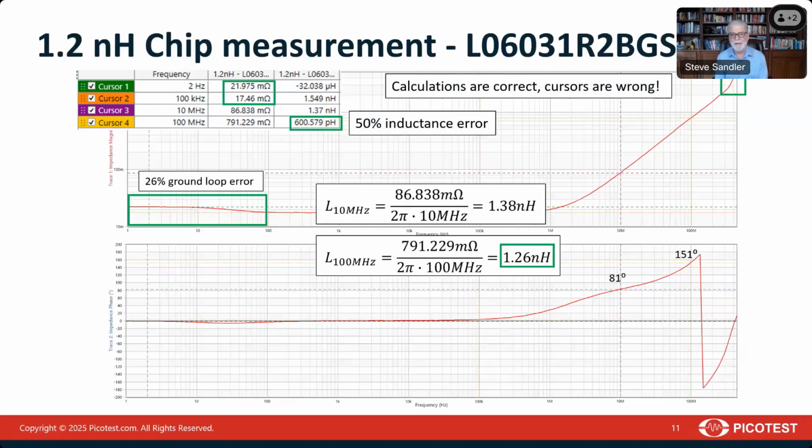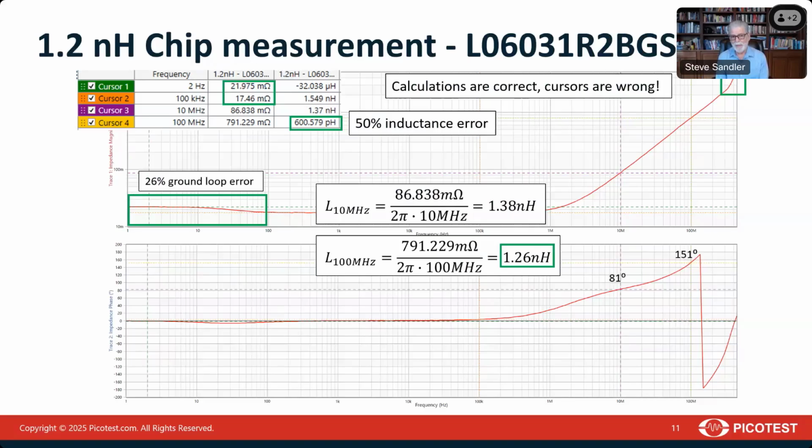That's 1.2 nanohenries. And again, I measured this without any calibration to see where the errors are and what it is that we need to correct. And here on the left, you can see I drew a green box around the ground loop error. So there is still a significant ground loop error. Not quite as big as before because the DC resistance is much higher, but still about a 26% ground loop error.